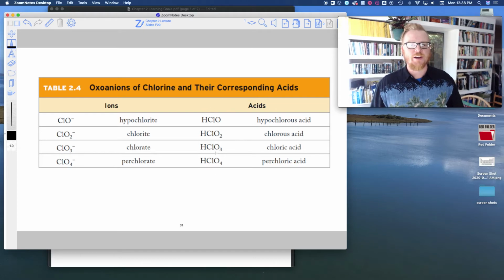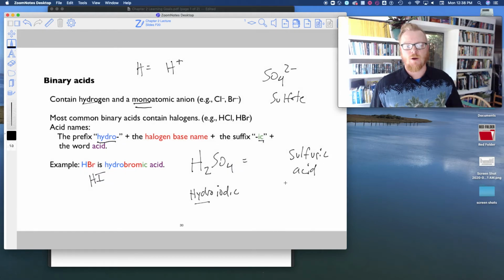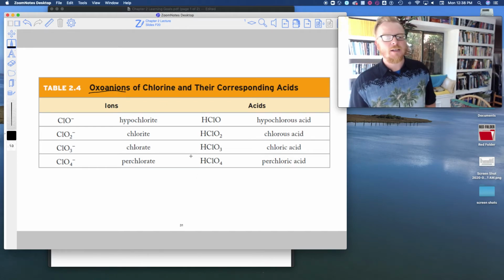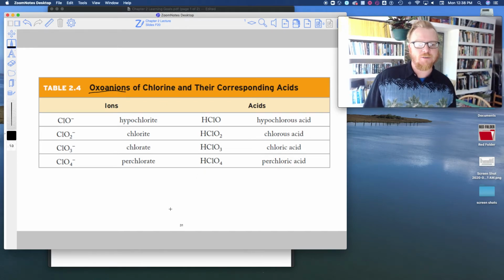Okay, so here's the series of oxoanions. Okay, so let me go back here and say oxo acid. Okay, not a binary acid. Okay, so oxoanions or oxoacids. All right, so the series, here's the polyatomic ion that I told you.